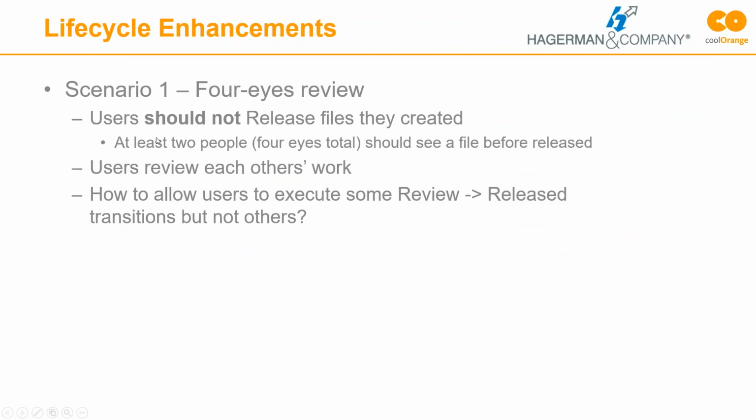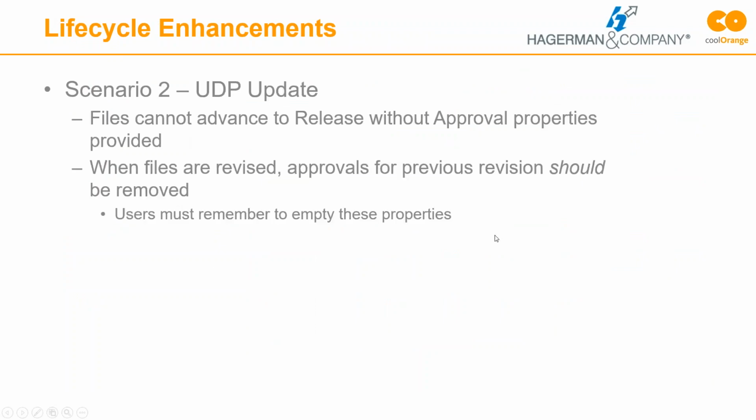So let's take a look at another scenario now, property update. Now, I've helped literally hundreds of companies now implement Vault, and a somewhat common need in larger work groups is to restrict lifecycle state changes based on property information.